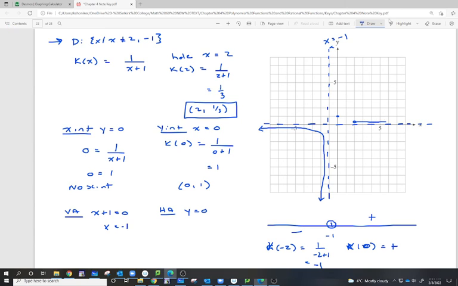And then I'm going to approach this asymptote. Okay, but I've got this hole here at 2 and a third. And remember, it's a hole in the sense that there is no value. Your graph does not exist at x equals 2. And so there would be this tiny infinitesimally small break there.